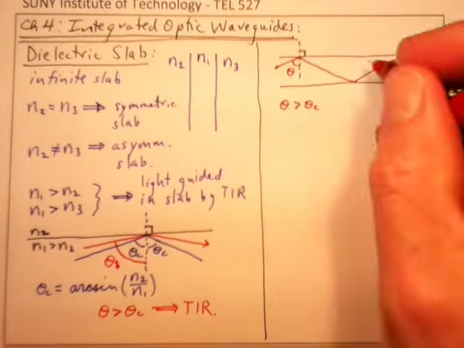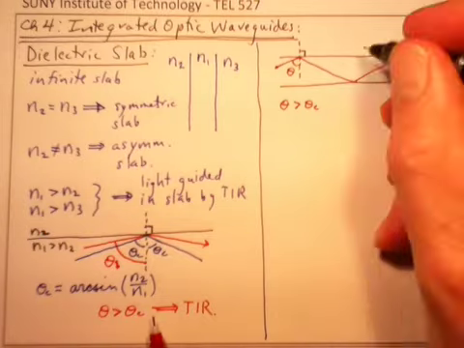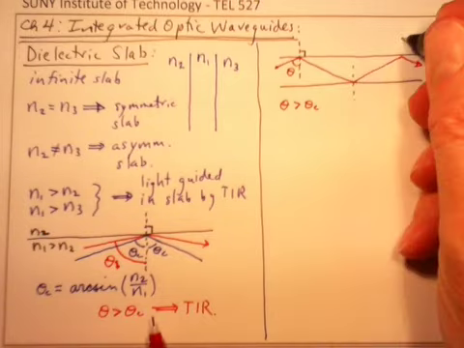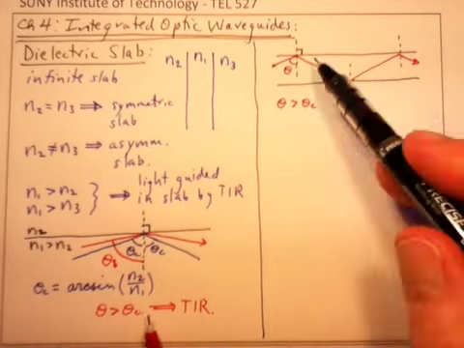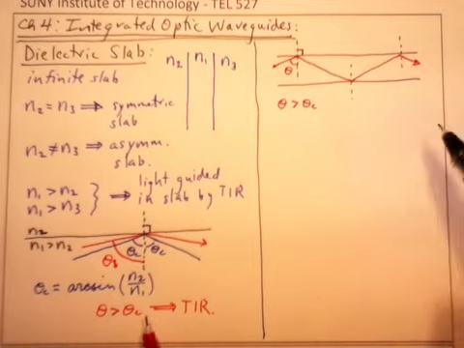Then what we're going to have is this ray bouncing forever back and forth between these external interfaces.